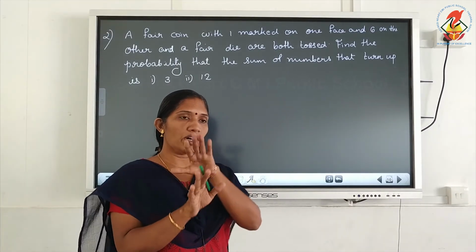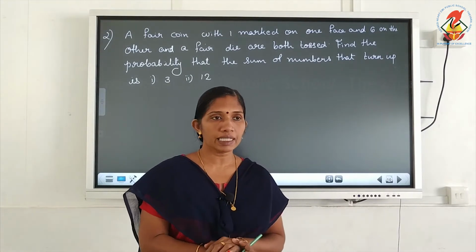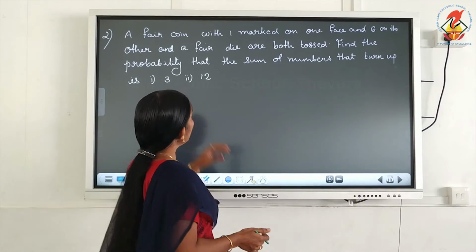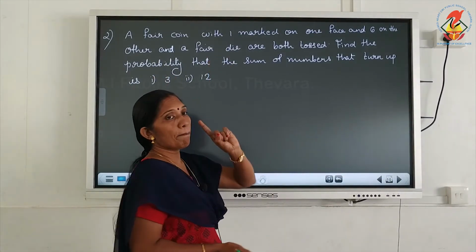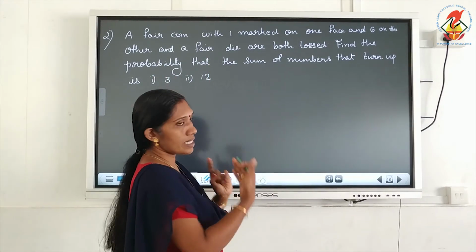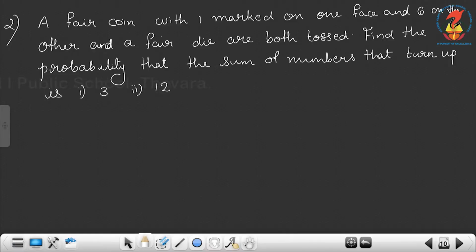Usually for a coin, one side is head, the other is tail. But here in the coin, one side is the number 1, the other side is 6. Then we have a die, with numbers 1 to 6, and both are tossed.